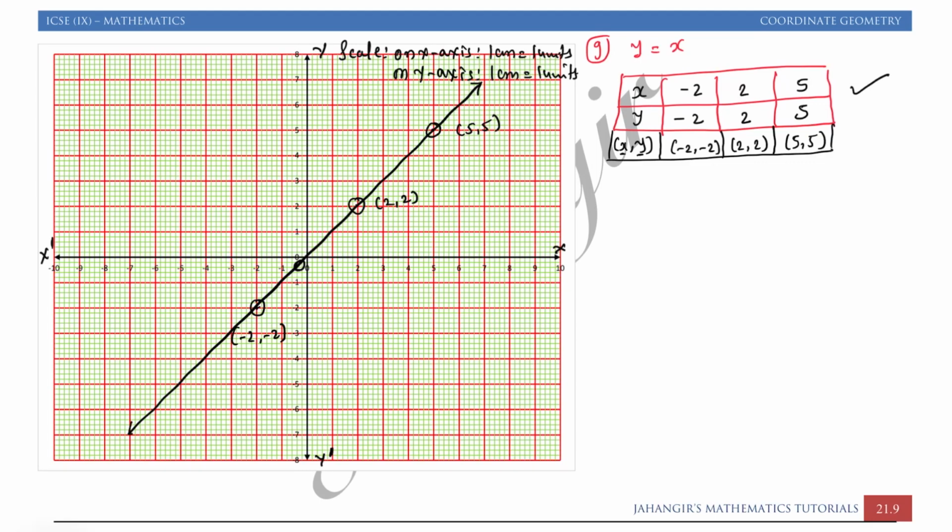This is my first line's graph, which is y is equal to x.